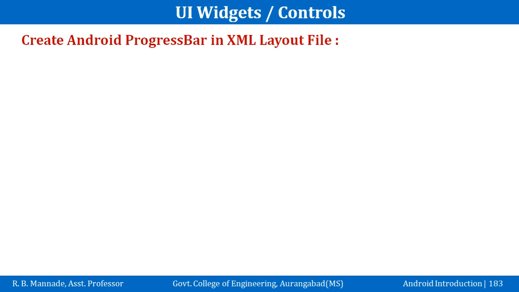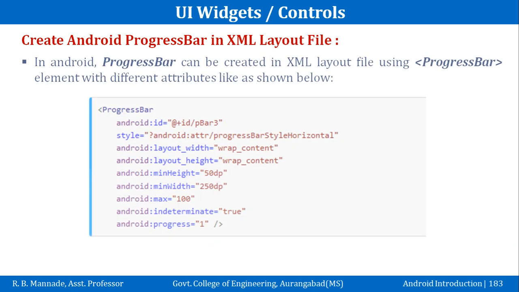Now, as usual, as with the other controls, progress bar also can be created in XML layout file, and for that we need to define a progress bar control somewhat like this one, which is shown in this particular code snippet. So in layout file, using a ProgressBar element or a ProgressBar tag, we can define or create a progress bar control as shown in this particular snapshot.